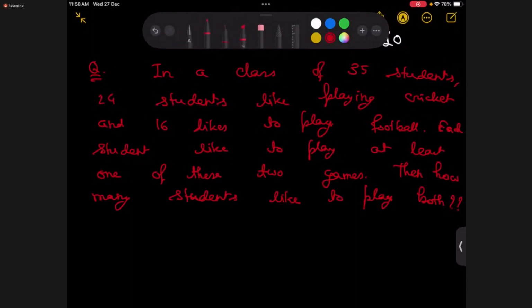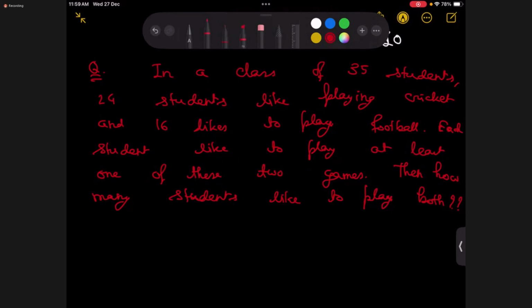So clearly, the number of students in the class is 35. We can consider them as a union of these two sets. Among them, 24 students like to play cricket and 16 like to play football. One can think that this 35 is our universal set, and yes, this is true.